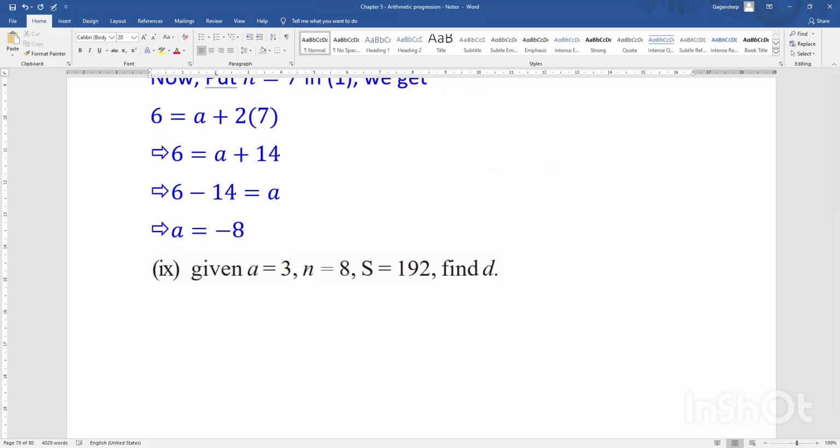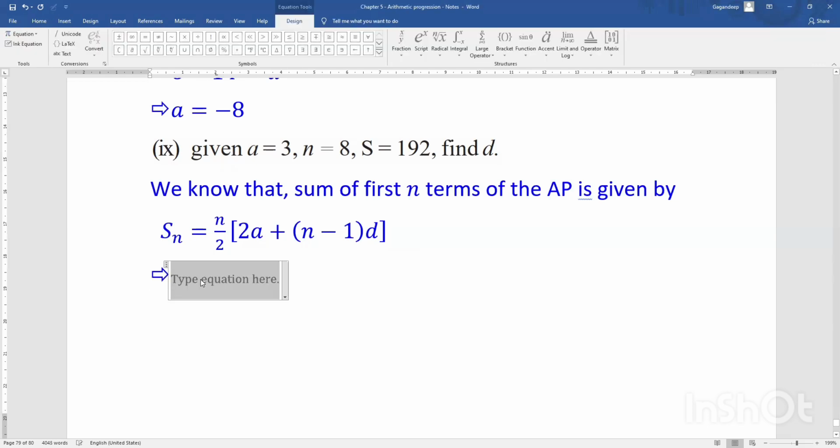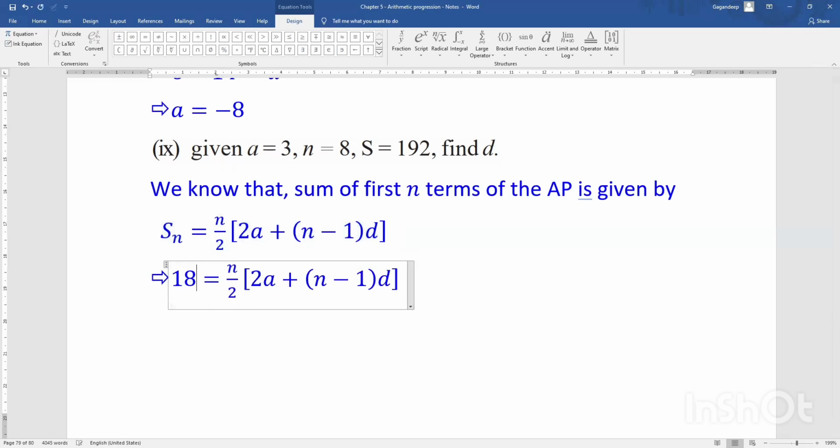Ninth problem: given a equals 3, n equals 8, Sn equals 192, find d. Now for this, I'm going to take the Sn formula. Sn is equal to n by 2 into 2a plus n minus 1 into d. Now in my next step, I replace this Sn with 192, and then n value is 8.